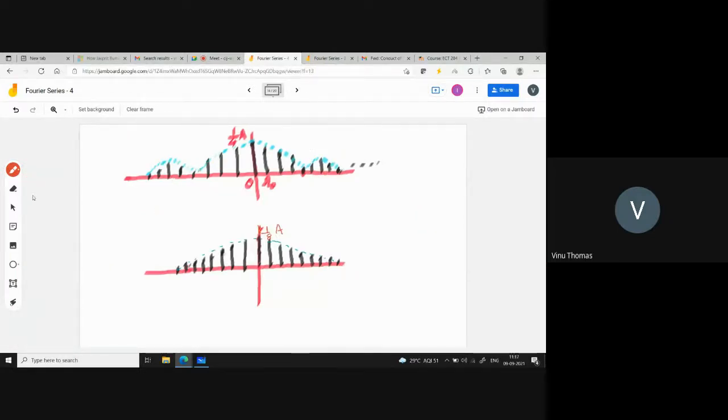It is drawn like this to show its shape. So this is the envelope of the lines in the line spectrum. Whereas for 1 by 8, you see that the envelope is something like this.